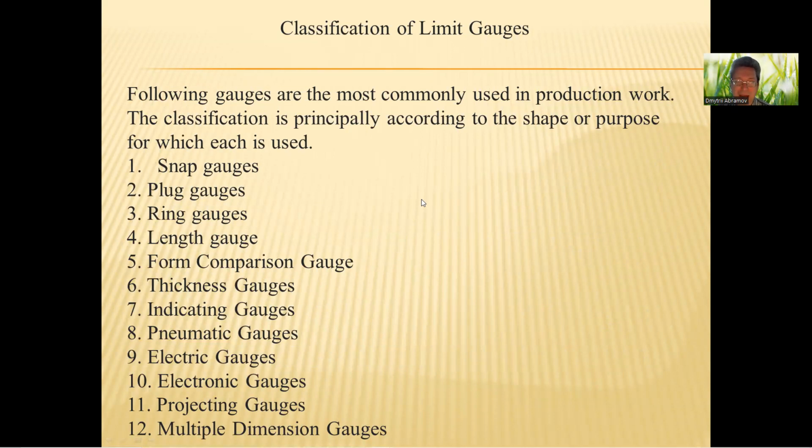The following gauges are the most commonly used in production work. The classification is principally according to the shape or purpose for which each is used. First, snap gauges.